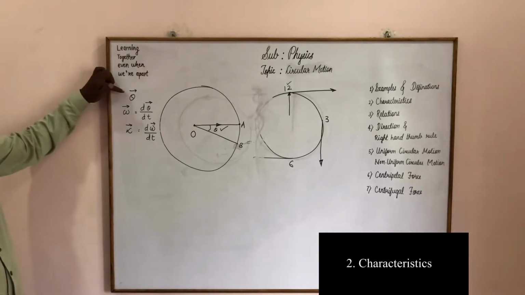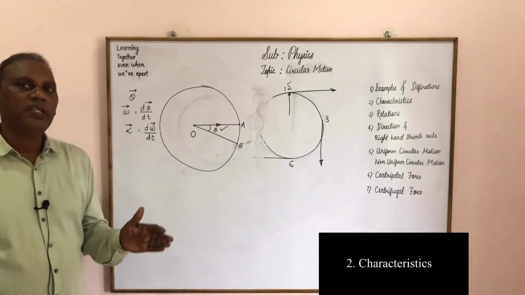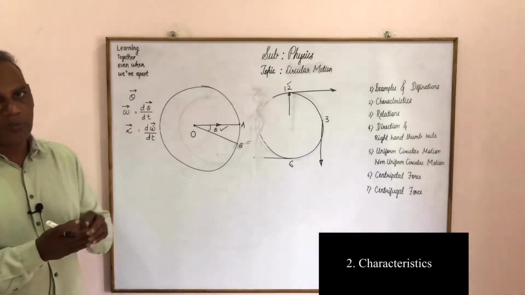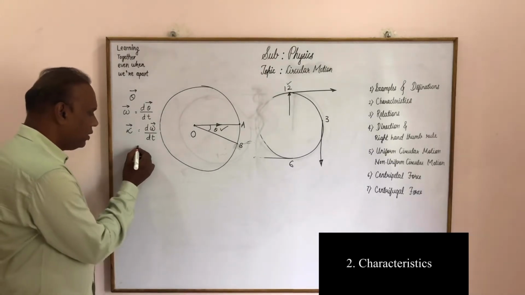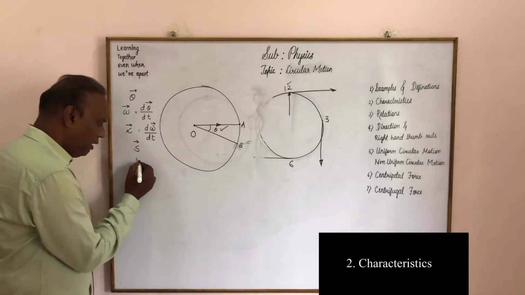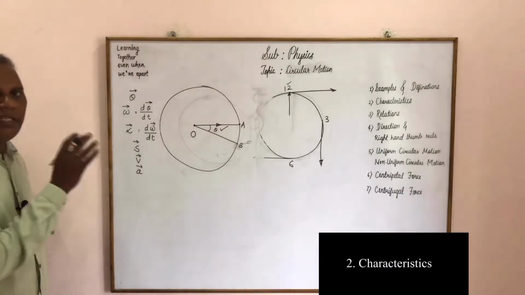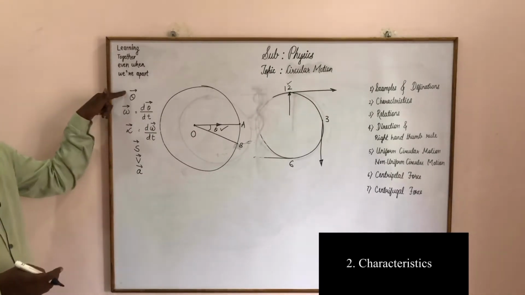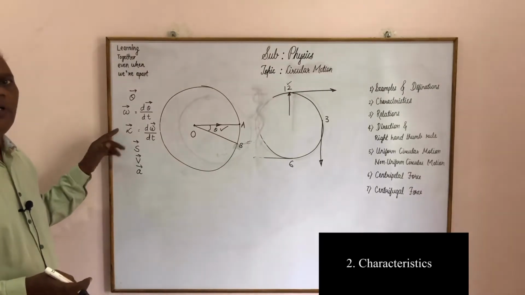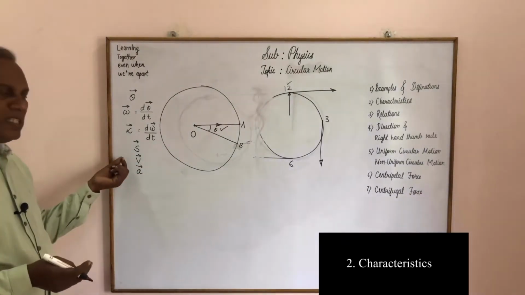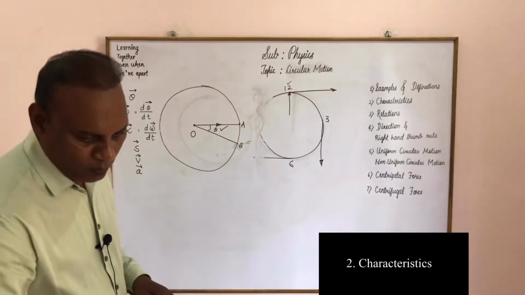So angular displacement, angular velocity and angular acceleration are the quantities in circular motion, and these quantities are analogous to displacement, linear velocity and acceleration in linear motion.